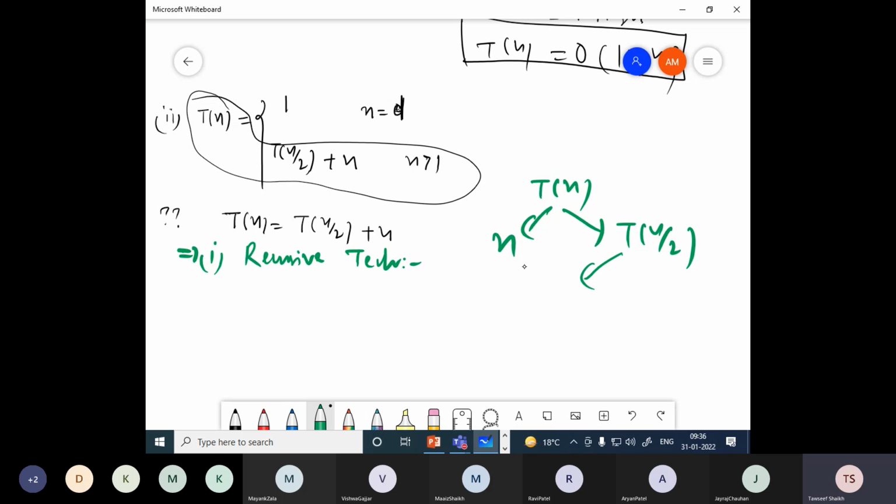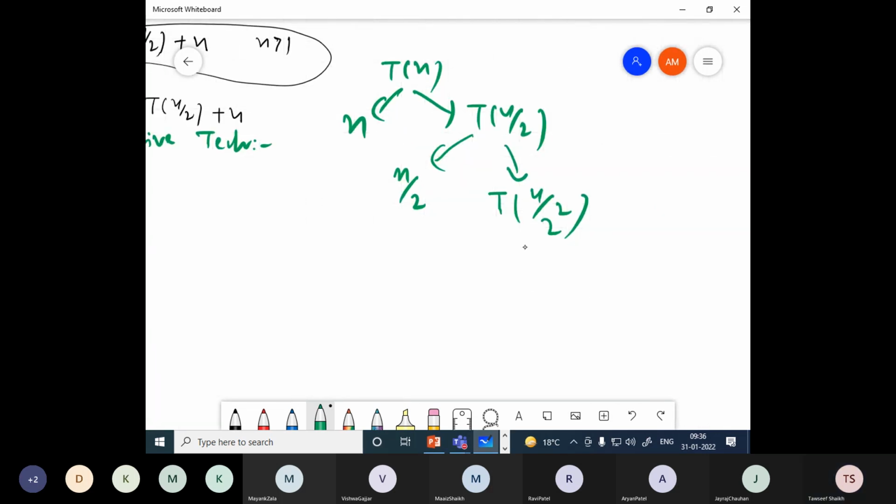In the same way, in place of n, now it will substitute n by 2, and it will call itself with n by 2 to the power 2. The same logic: T of n by 2 square will call itself with n by 2 cube, making a recursive call by decreasing its parameter.